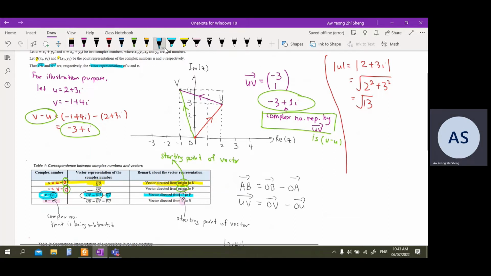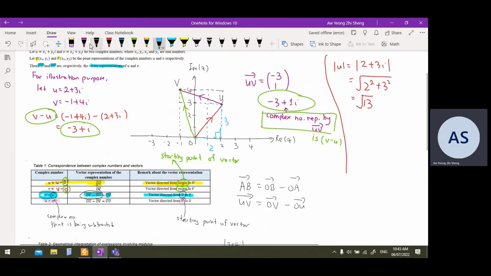It will be consistent. You can look at this right angle triangle here, where your horizontal side has a length of 2, your vertical side has a length of 3, and by Pythagoras, you can get the length of the vector OU as the square root of 2 squared plus 3 squared, which is also surd 13.